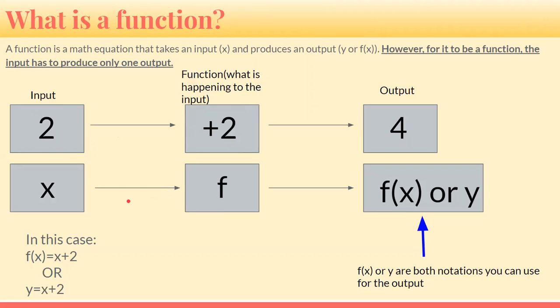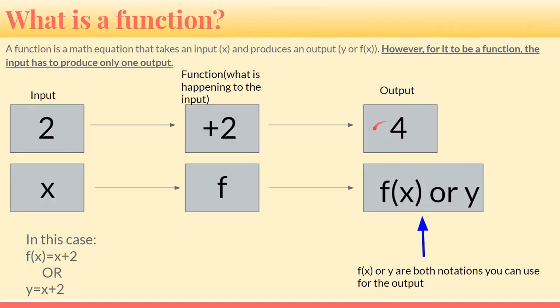Okay, and another really important thing that you have to know about functions is that for it to be a function, the input has to produce only one output. So if we're putting in one input over here, it has to produce only one output.